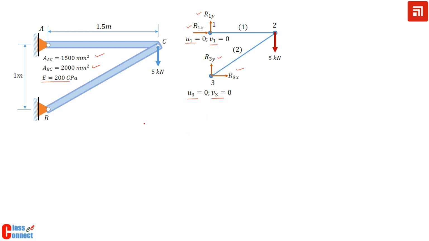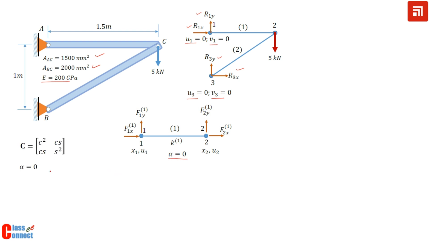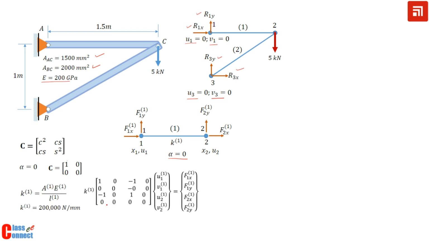So let us write down the element equation separately for each element. Element number 1 can be represented like this. Alpha is 0 in this case, and we can write down the element equation using this concept of C. C square means cos square alpha, so it is 1. In all these terms sin alpha is appearing, so all are 0. So we can write down the element equation by this.